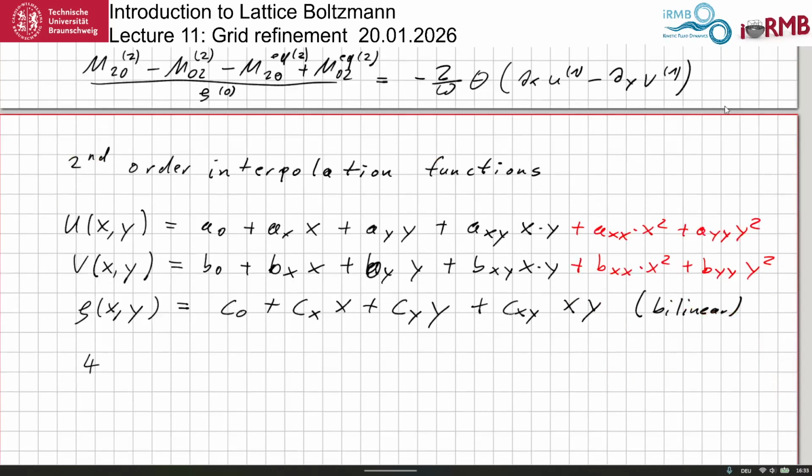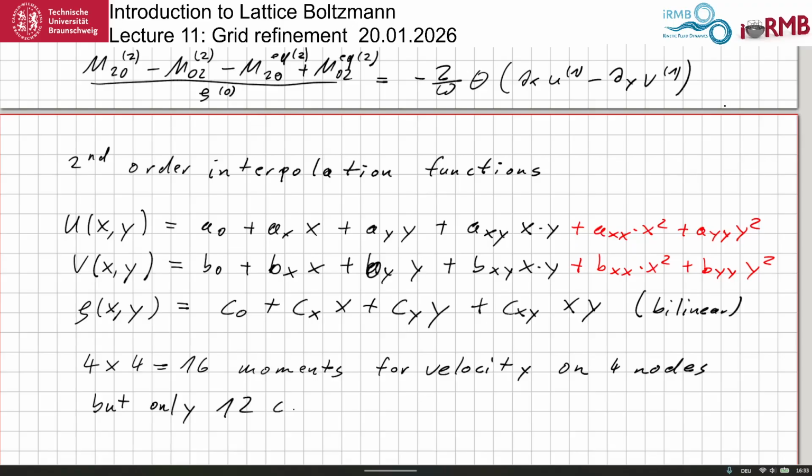And we have 4 nodes, so we have 4 times 4 is 16 moments for velocity on 4 nodes, but only 12 coefficients.